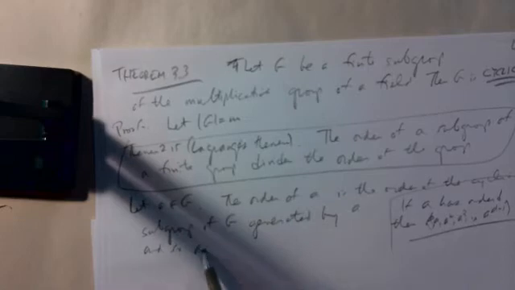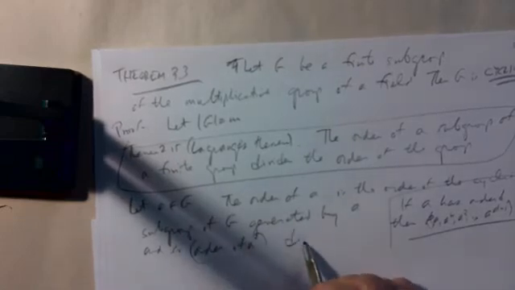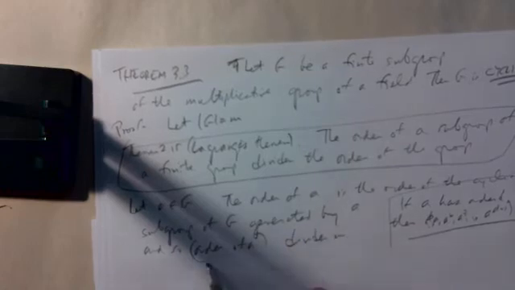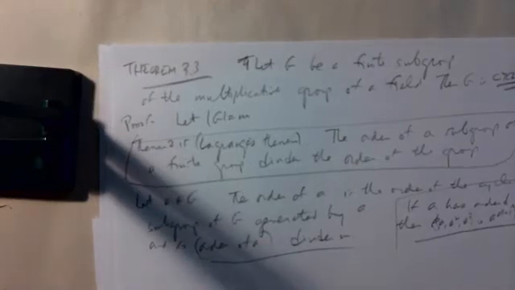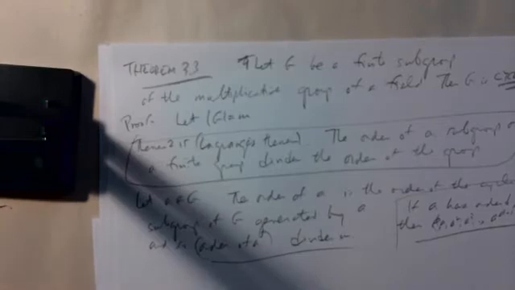And so the order of A, that integer, divides M. It's a divisor of M. So the only orders of elements of a group are divisors of the order of the group, if the group is finite.